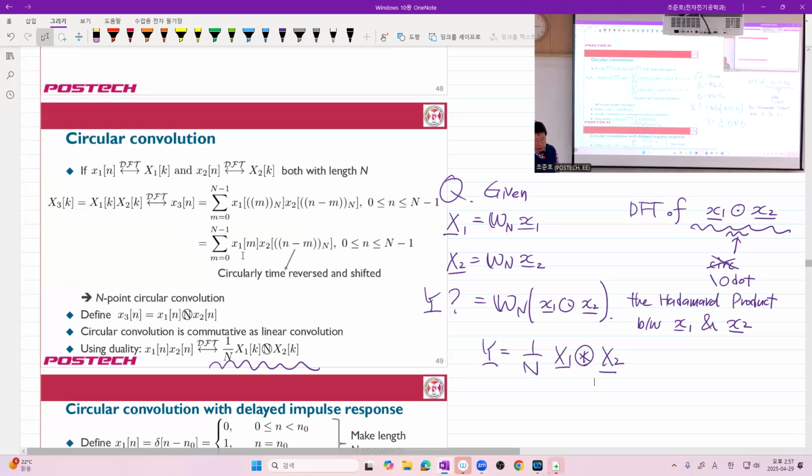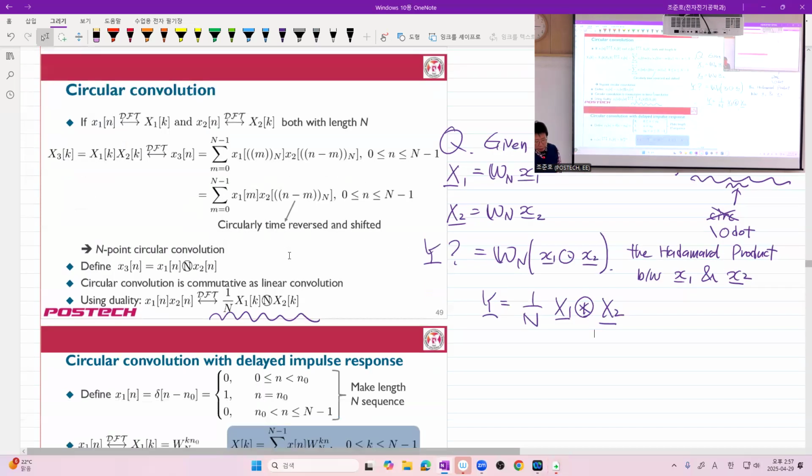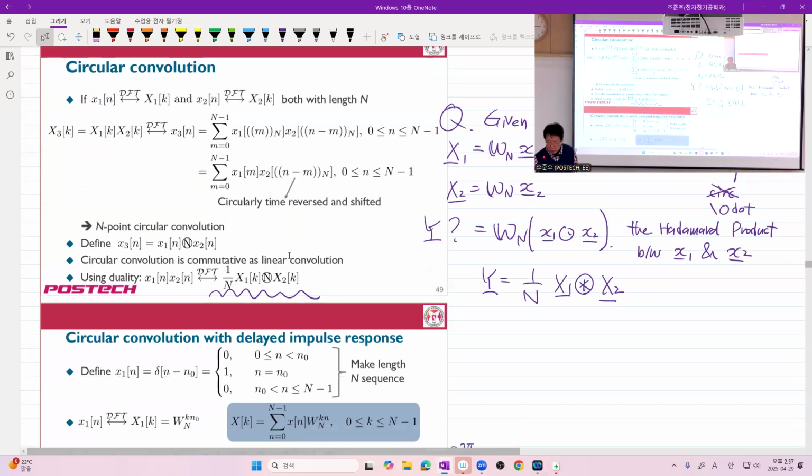But anyway, what is this one? It is defined very similarly to our ordinary convolution. So let's see, what is y0? We need to answer this question.